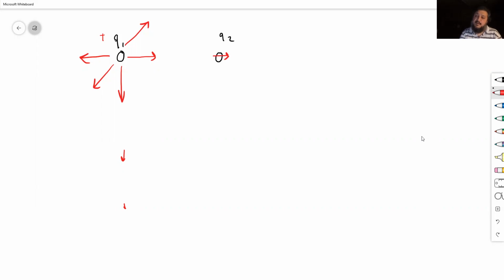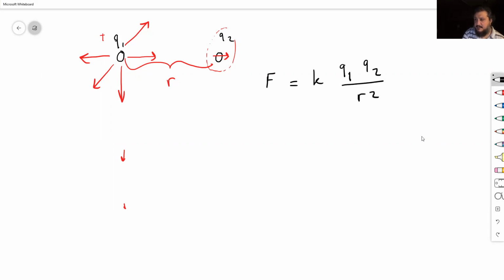Now, if you put the Q2, the second charge, to that location, which is R away from the source, now we can think of an interaction between the charge Q2 and the field only, okay? And it's very simple. If you just remember the formula, Coulomb force, you had K, Q1, Q2 divided by R squared.